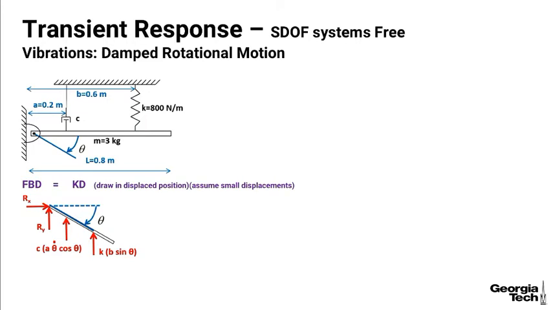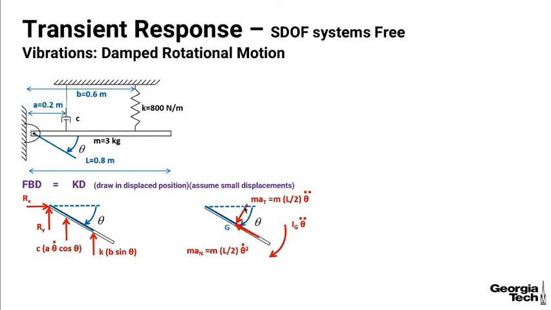And so I have my pin reactions at the left, my damper force, which is C times the velocity at the damper, and a K force at B sine theta for the displacement at the spring. And then on the kinetic diagram, I've put my three vectors at the mass center.